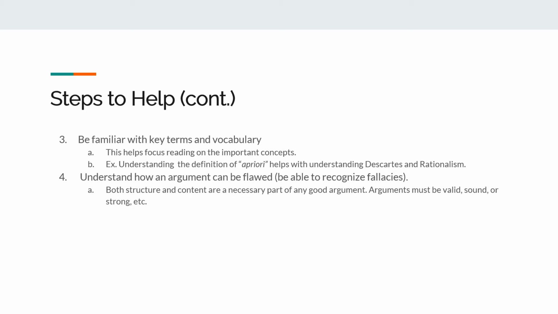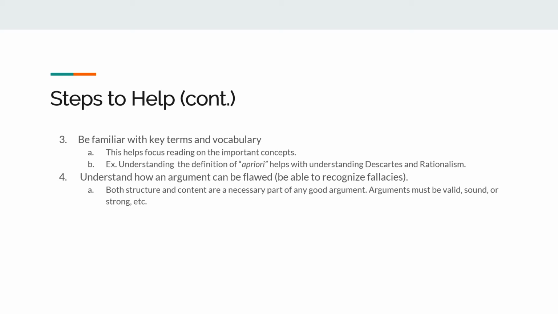Because again, remember, our job as philosophers, or our job when it comes to reading philosophy or persuasive arguments for that matter, is to simplify and understand these arguments so that we can better evaluate them and then determine our course of action based on that evaluation.